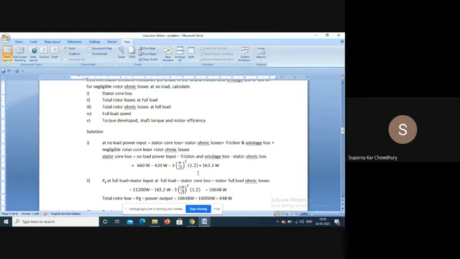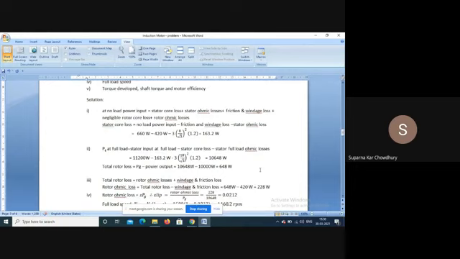So the current given is the line current. So the phase current will be line current divided by √3. So (8 divided by √3) square is the per phase current square into the resistance. So this gives you the stator core loss 163.2 watt.